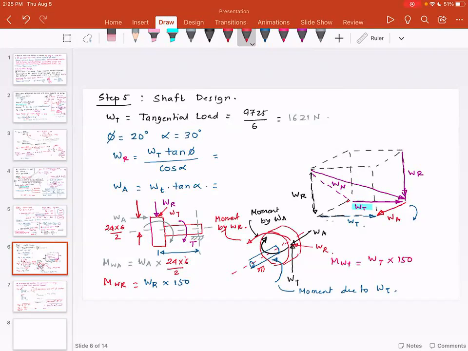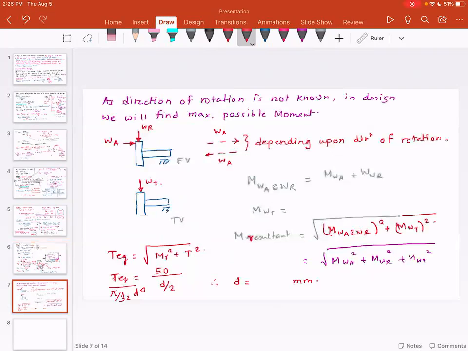That's why all the moments we are going to consider positive. So be very careful when you resolve. If you follow the approach in the textbook, they just use the square and square root, and both approaches are correct, giving similar results with slight differences.